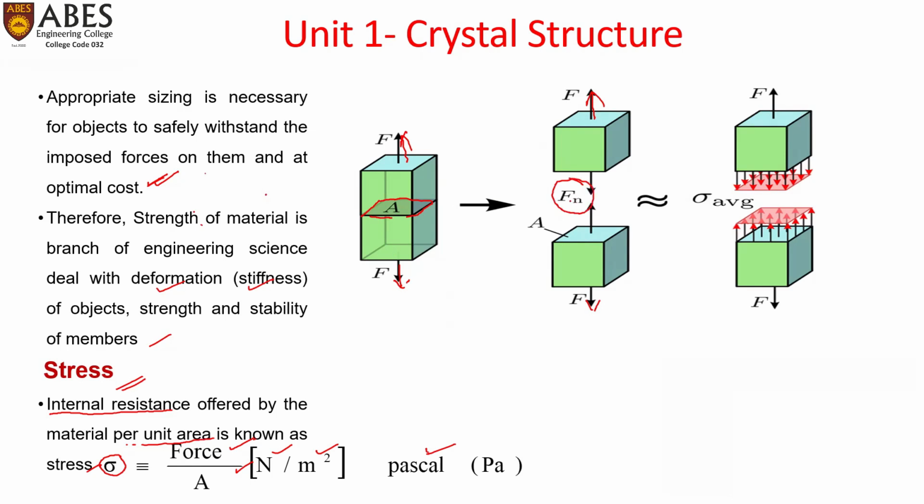The internal resistance of the body which tends to resist this is generated as Fn, and here we can say the average stress, sigma average, generated is equal to F upon A. Sigma equals applied force F upon A, area of cross section. So per unit area, the internal force generated to resist that is called stress.